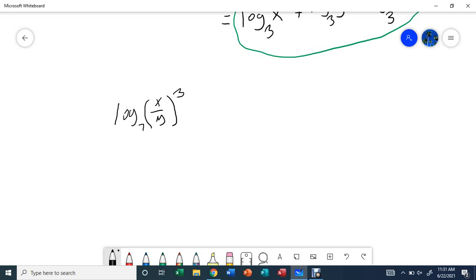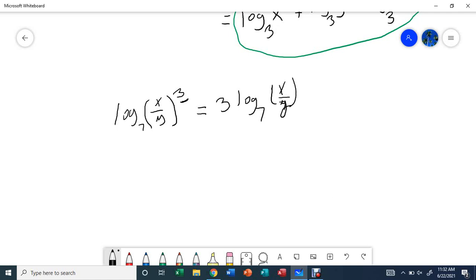So now you see the exponent. So first of all, I'm going to use the power rule. So you pull the exponent in front. So that's 3 log base 7 of x over y. This looks like 7, but it should be y here.